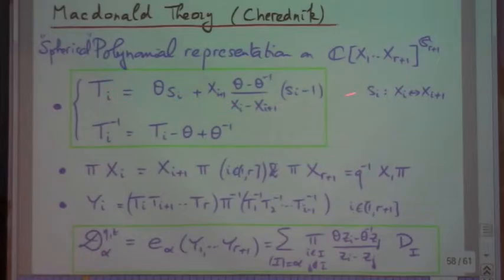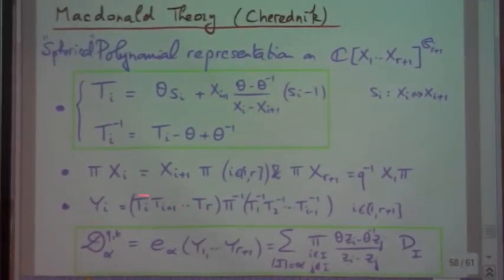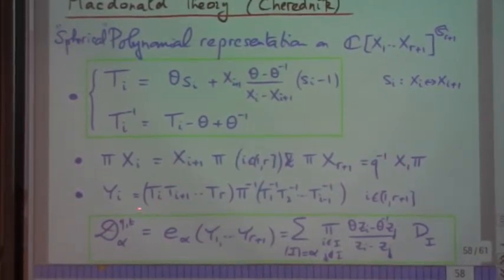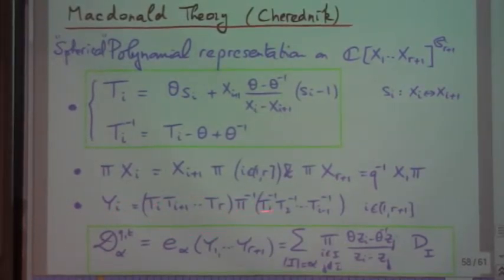Okay? And so if you now act on polynomials with such operators, they will satisfy all the relations of the algebra. This pi, I told you, was this cyclic rotation of the points, and it will act nicely also on all the generators. And at the end of the day, you can rewrite the y's in terms of these t's and this pi, okay? And you can compute elementary symmetric functions of these y's.